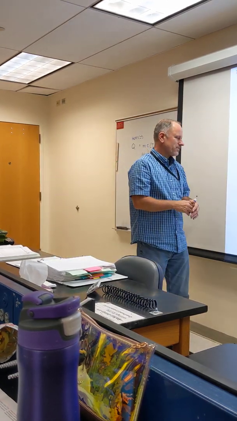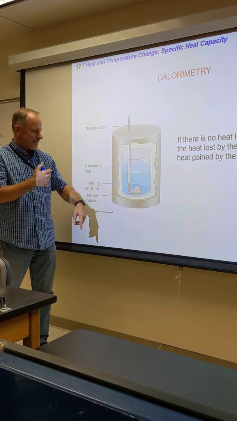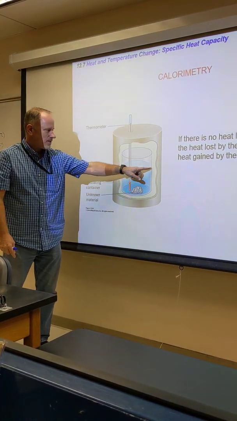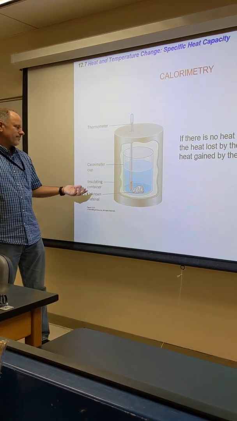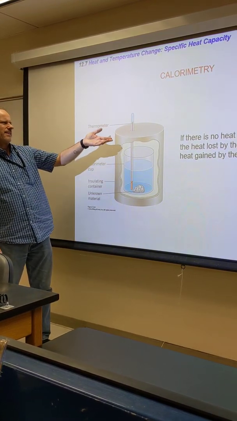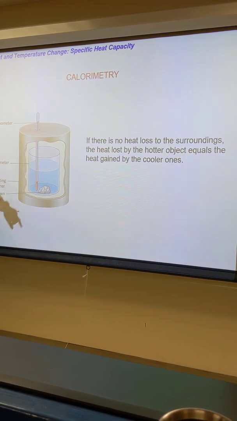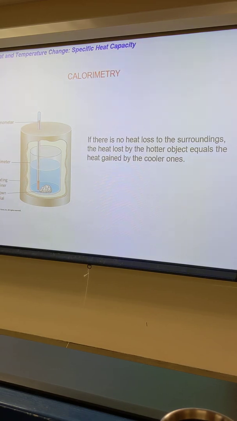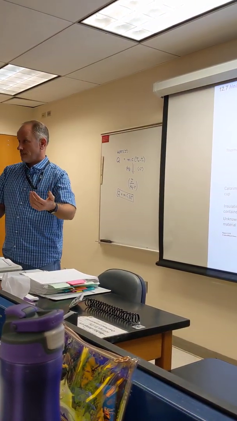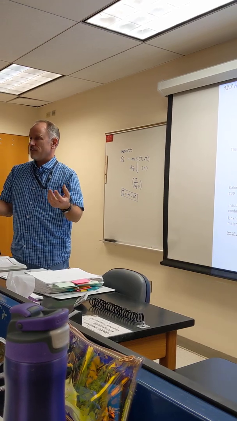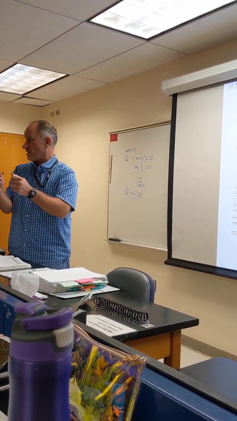So typically what you'll do is you'll take an unknown object, let's say, and you have some known mass of water. The hotter object will have an energy flow away from it toward the lower temperature object. Does that make sense? And they're going to exchange energy in this whole process.